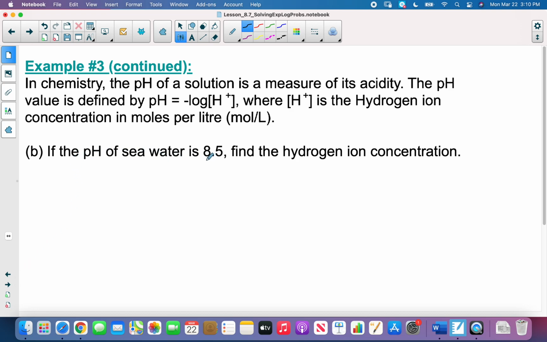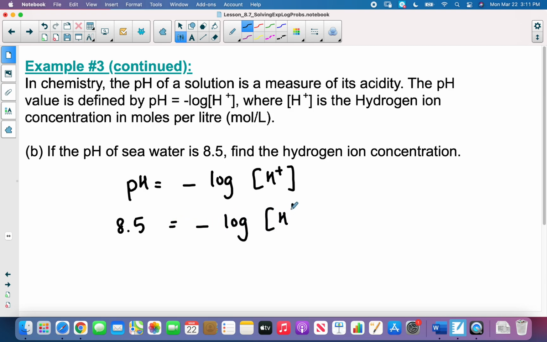Now, the pH of seawater is 8.5. Find the hydrogen ion concentration. So the definition of pH is negative log to the base 10 of the hydrogen ion concentration. In this case, seawater has a pH of 8.5. It's a negative log of hydrogen ion concentration. So let's take both sides to the power of 10.